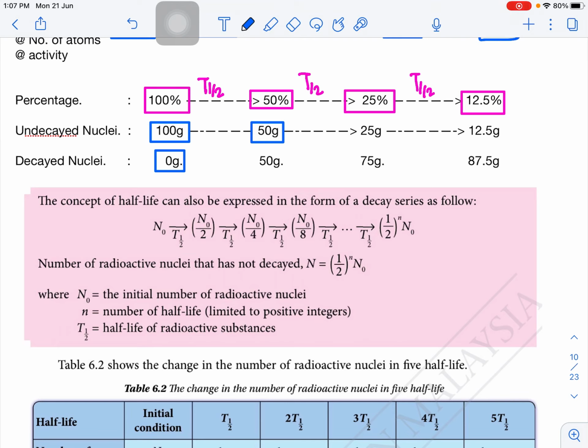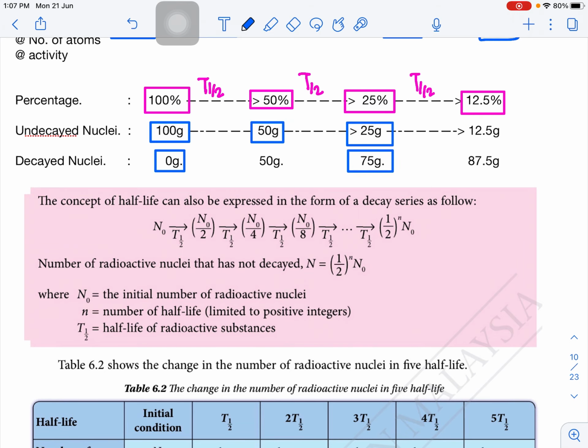The 50 gram has been decayed. From 50 gram, for the same half-life, it becomes 25 gram. The undecayed nuclei decreases by half for every half-life, and the decayed nuclei increases. The decayed nuclei becomes 75 gram. Okay.